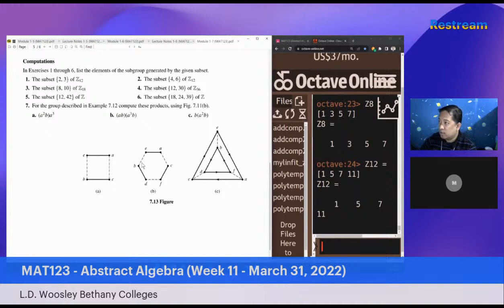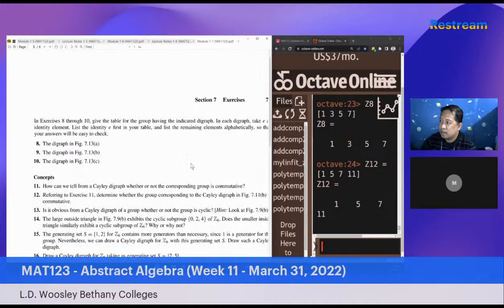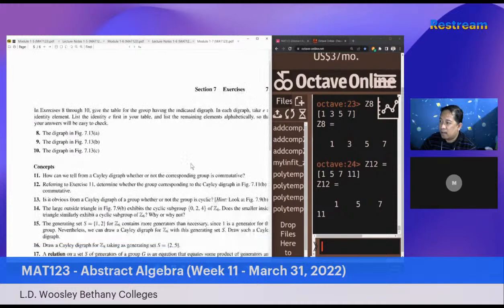Okay, I want you to solve also for 7. 1 to 6 and then 7, 8 and 10.